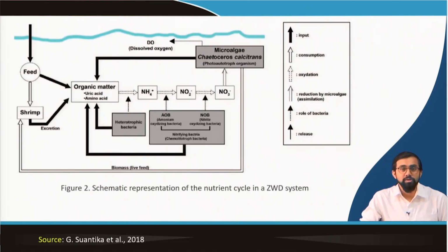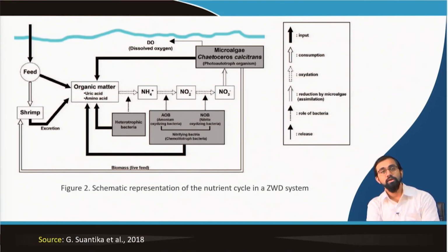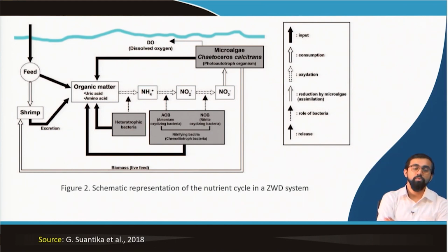If you see this particular design given by Shuantika et al. 2018, you can see this reference at the end of the lecture video. The feed is given to the shrimp, and uneaten feed is considered organic matter. Whatever excretory products the shrimp develop are converted to organic matter, uric acid or amino acid.